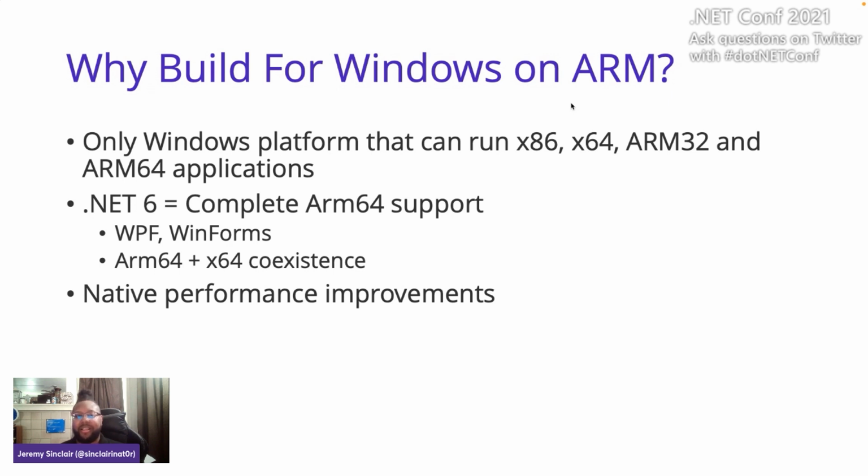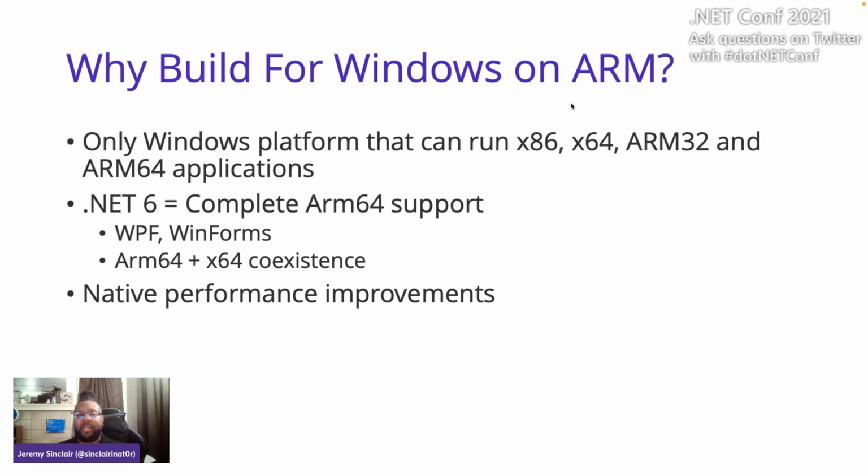Right now is the perfect time to build for Windows on ARM, especially with .NET 6 coming out. That brings complete ARM64 support, and I mean more in terms of even developing with .NET. So the SDK works with console apps, desktop apps like WPF, WinForms, and even WinUI 3.